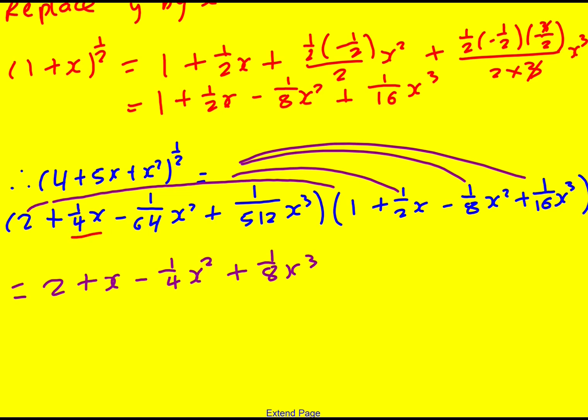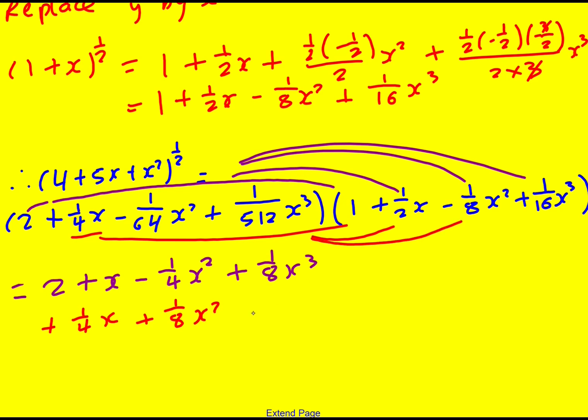Next, I'll multiply through by a quarter x, so I'll get plus a quarter x minus 1 over 32. Wait, I missed a bit. I think I do like the lines actually. So plus a quarter x, that one I missed, plus 1 over 8 x squared minus 1 over 32 x cubed.